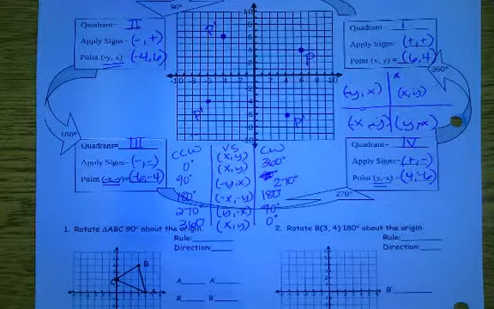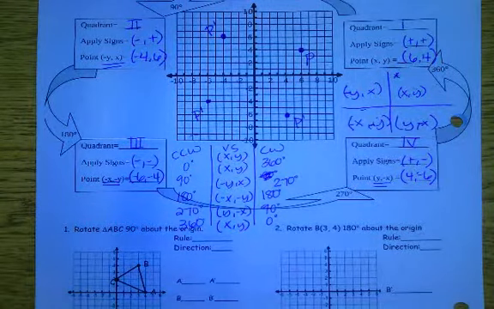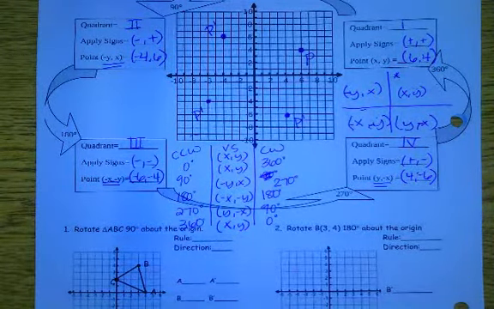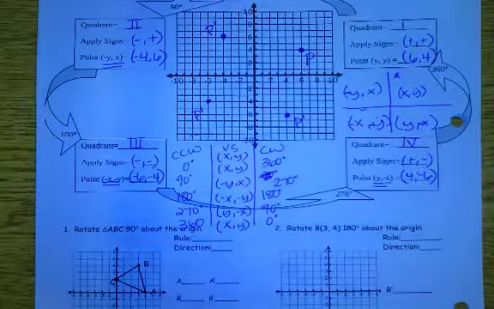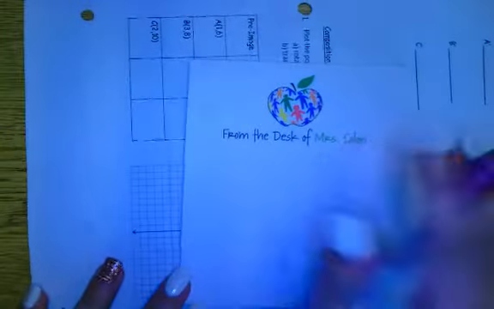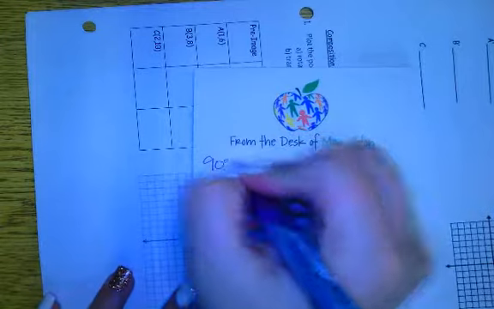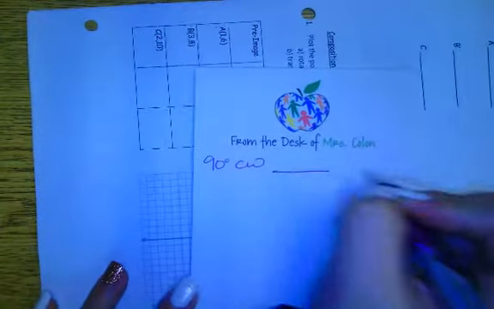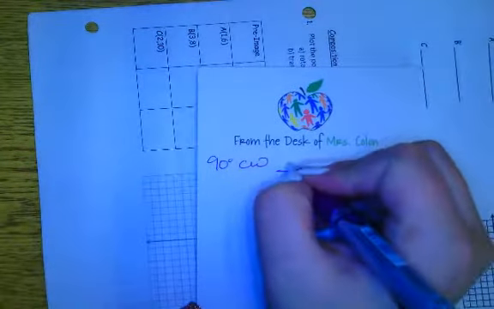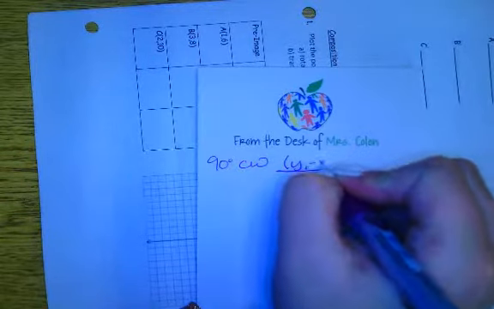Turn your paper over so your rules aren't facing up. I need to turn mine too. What is the rule for 90 degrees clockwise? Y, negative x.